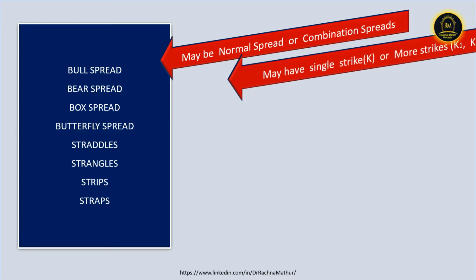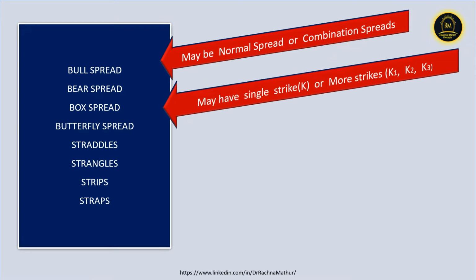Another important point is some of the option trading strategies use only one strike like strips and strap. Some trading strategies use two strikes like bull, bear, box. But strategies like butterfly spread use three strikes.